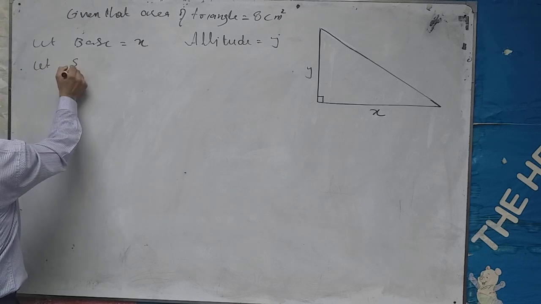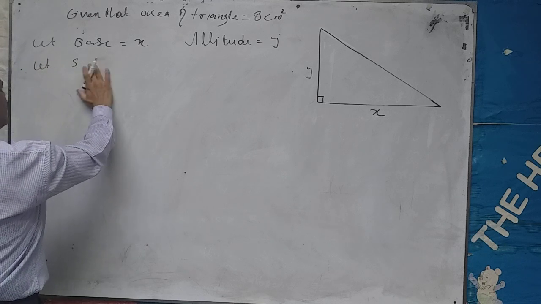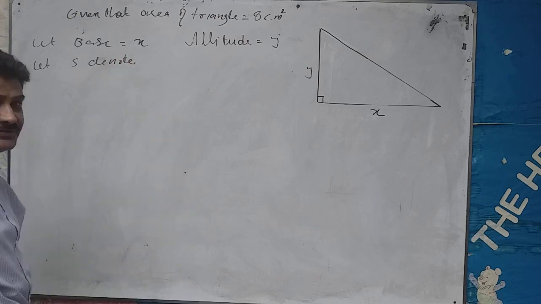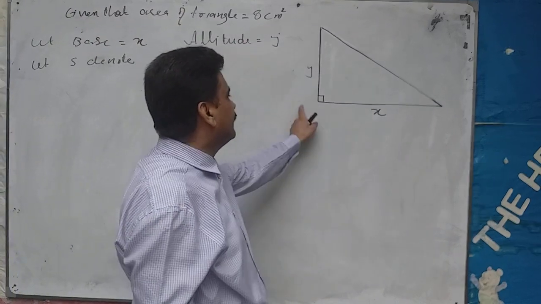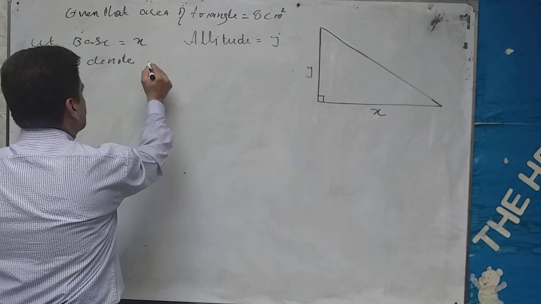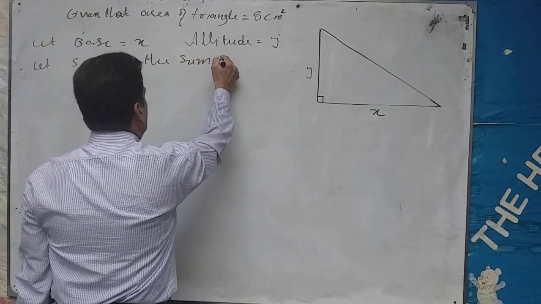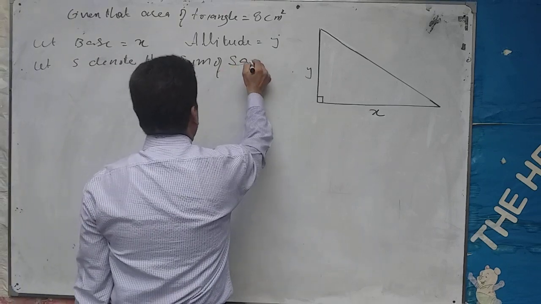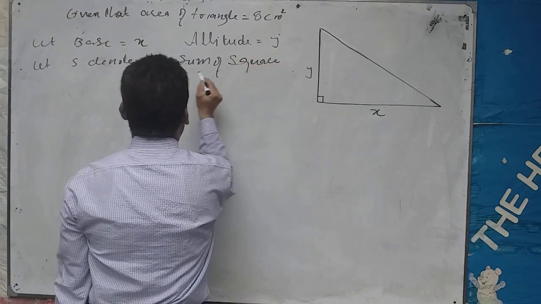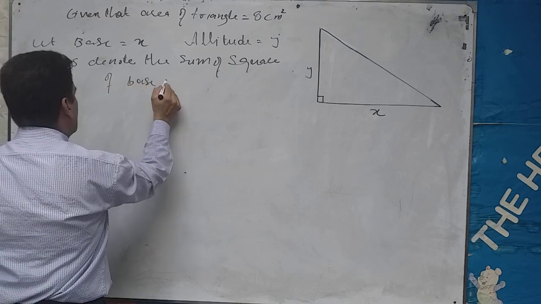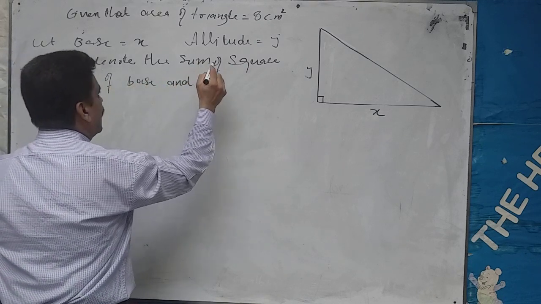Let S denote the sum of square of these two sides, the sum of square of base and altitude.